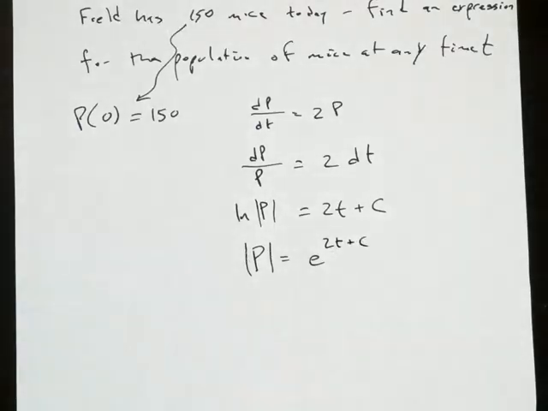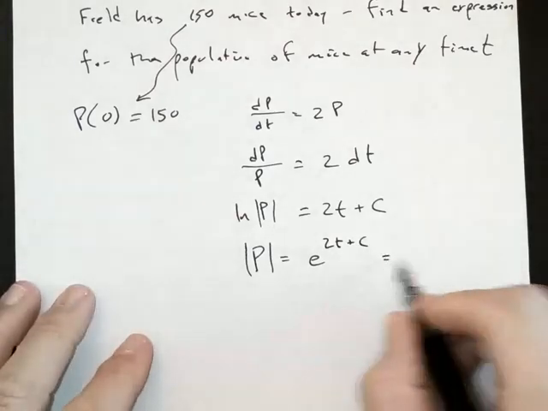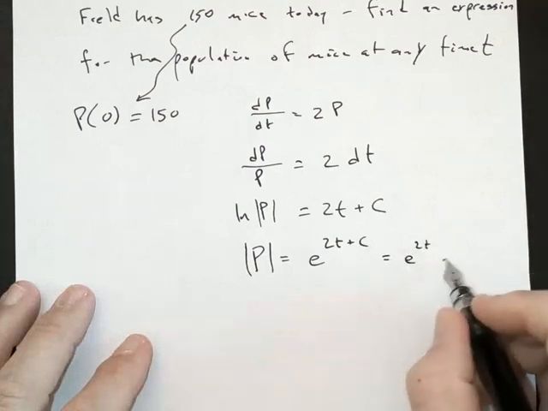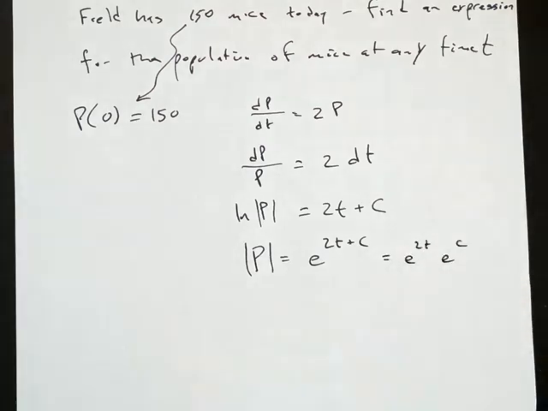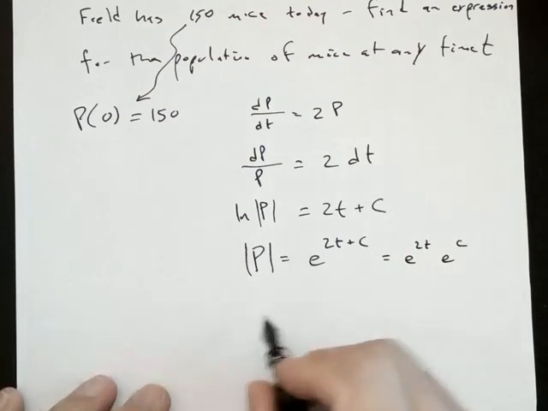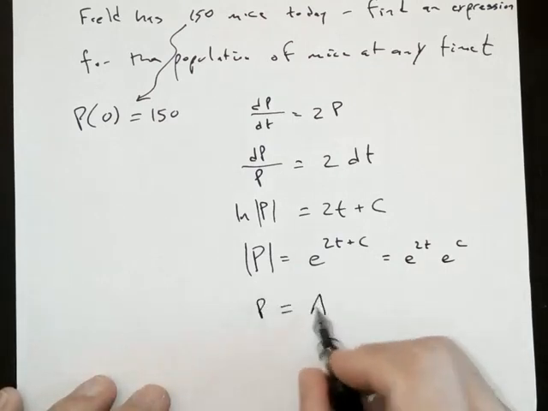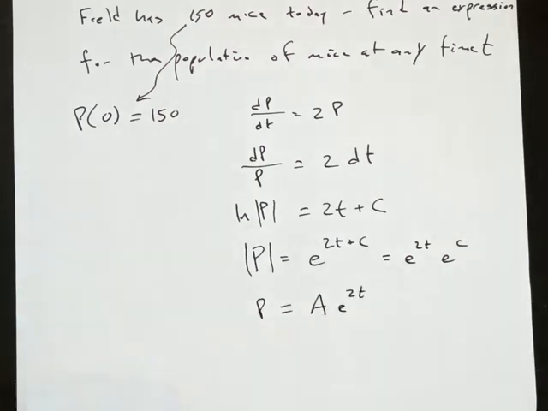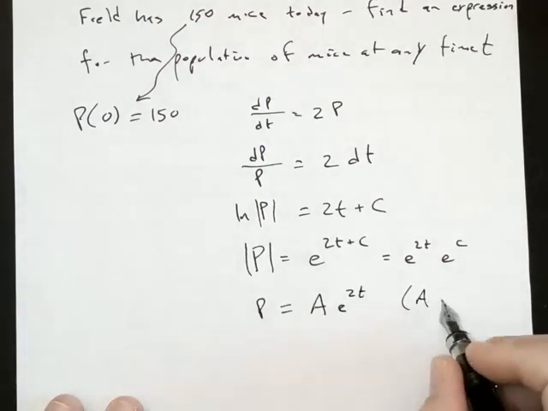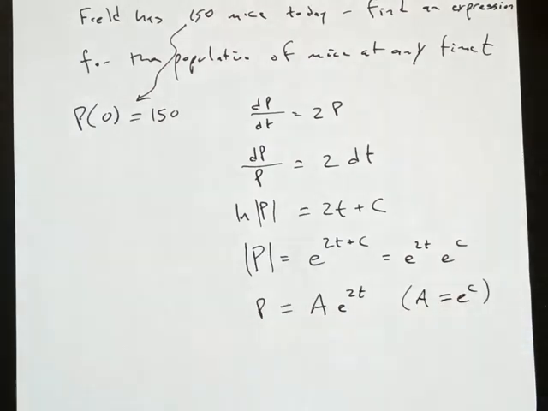Now we did a trick when we were adding with exponentials. You multiply e to 2t times e to c. And since e to the c is again a constant, I can just make that some other capital K, capital D, pick a letter, I don't care. And I can say that the population is A e to the 2t, where A is that number e to the c. You'll notice that the absolute value disappeared.